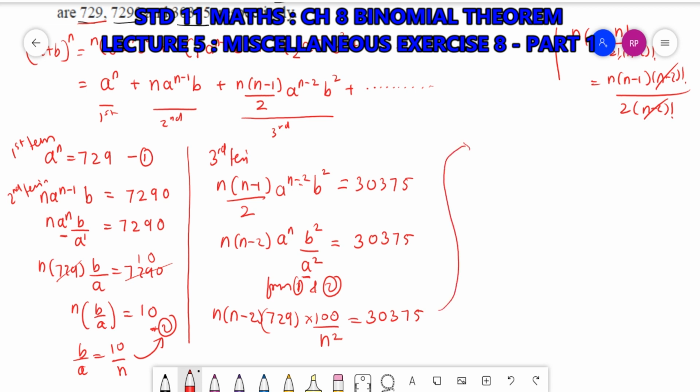Clear? Solving it here, n divided by n square, so one n will get cancelled. n minus 2 by n is equal to 30375 upon 729 into 100.